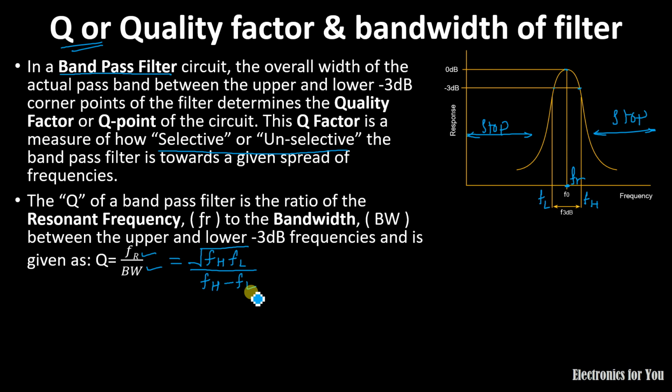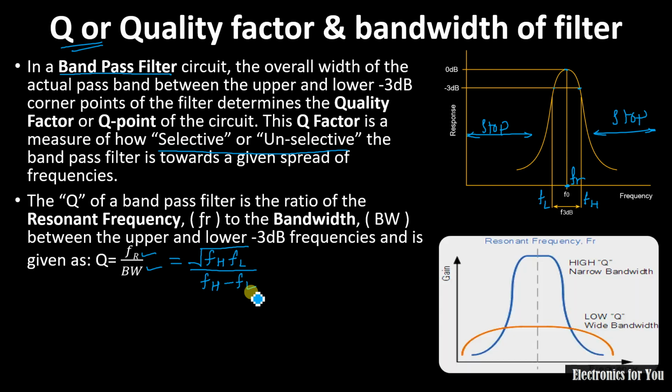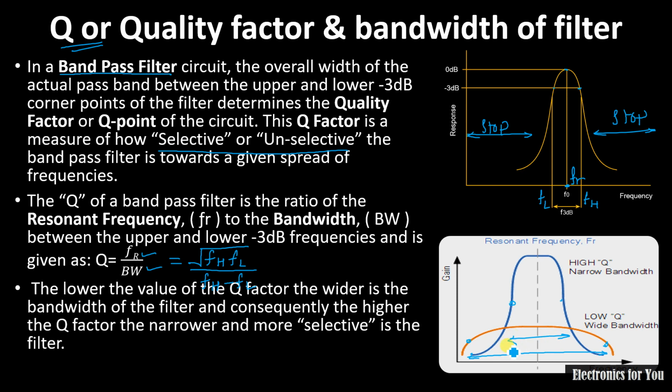So this is the quality factor, and its relationship is actually determined by the bandwidth. So if the quality factor is low, then we are having this band like this, it is a wide band, whereas if quality factor is high, this is a narrow band filter.